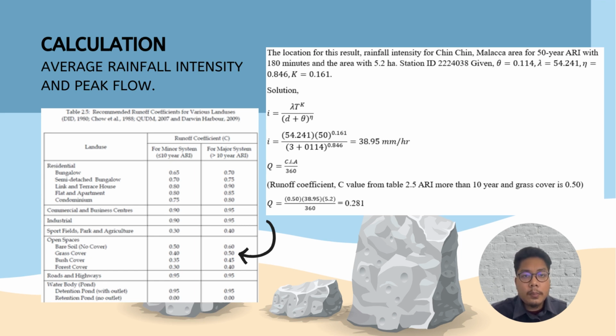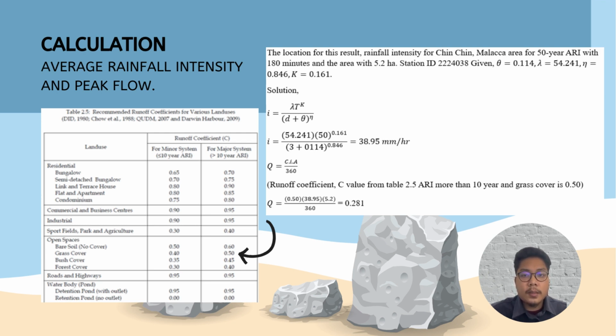Then we go to how to calculate the peak flow. The peak flow formula is Q equals CIA per 360. For the C value, we get it from Table 2.5, ARI more than 10 years, and this place is open space, so we get the grass cover as 0.50.